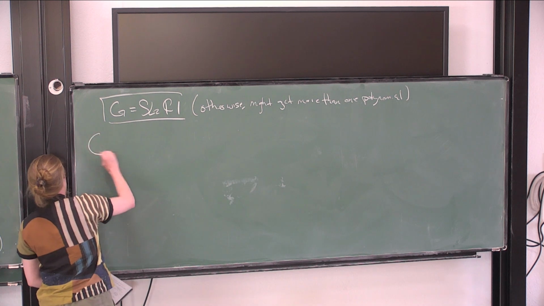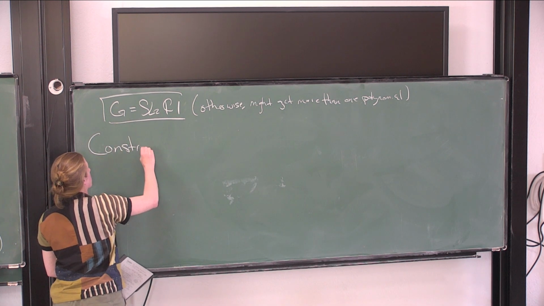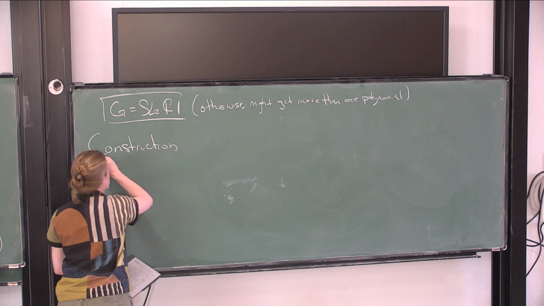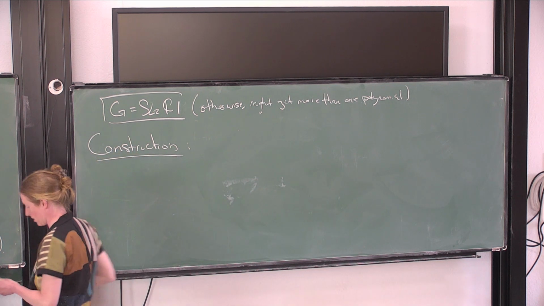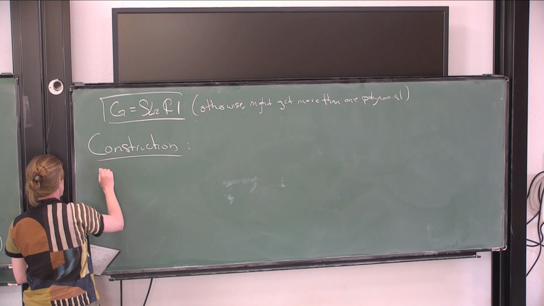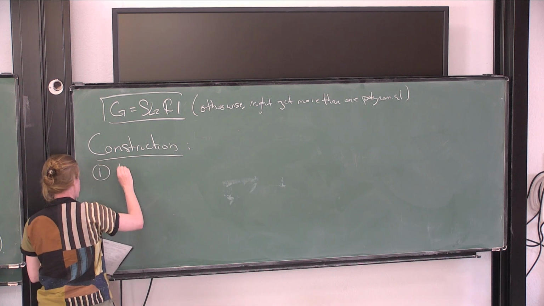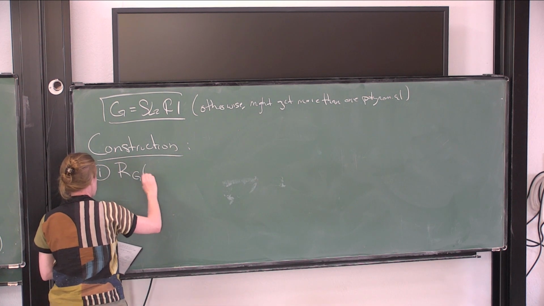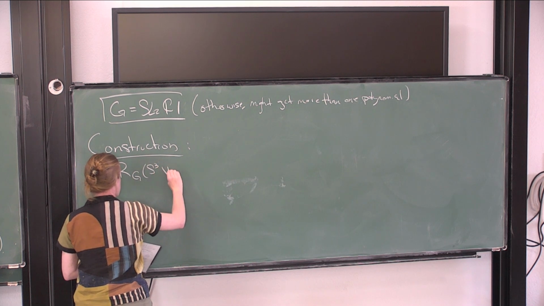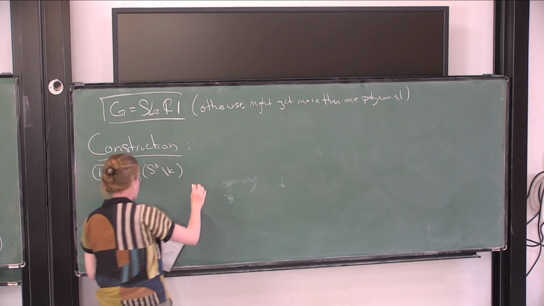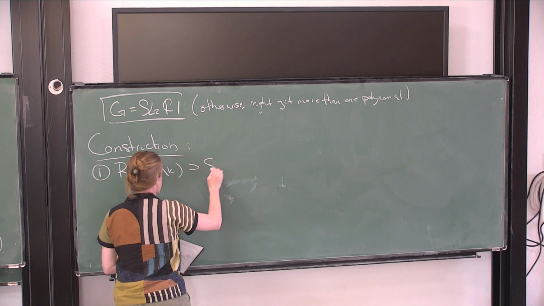Okay, let's talk about what the construction of this A-polynomial is. So my first step: I consider this RG of S3 minus K. And inside there, I want to define a subset that I care about.